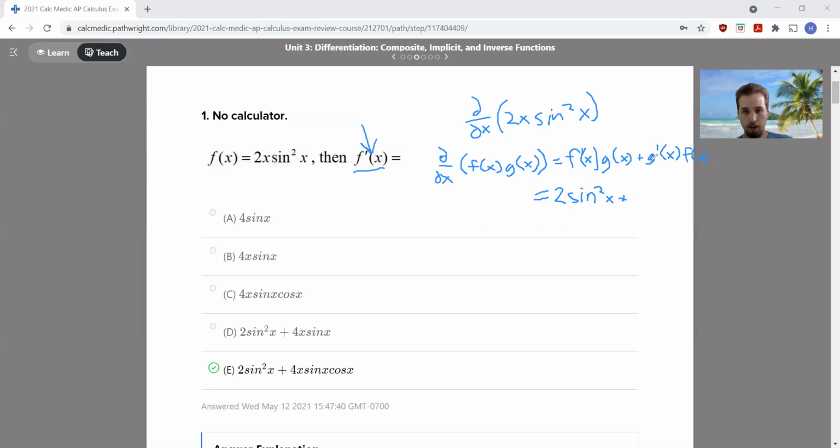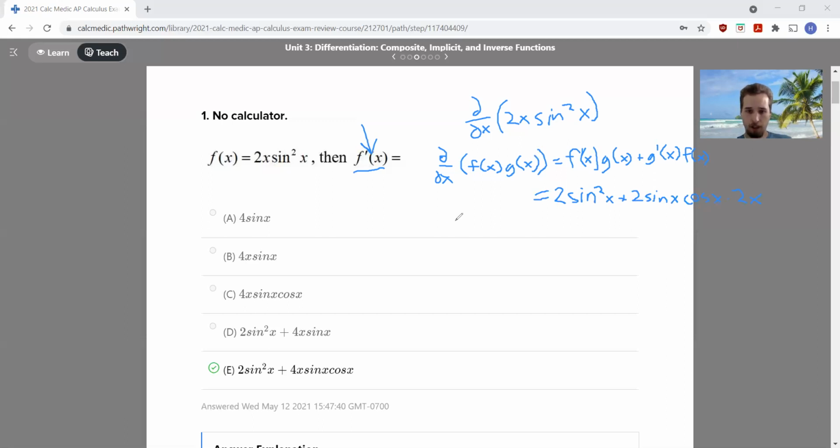If we have g prime, well, g is sine squared x. So we use chain rule. So we use power rule to bring the 2 out in front of the sine x and reduce sine squared x's power down by 1. And then we have to take the derivative of the inside of sine, and the derivative of sine is cosine. And then we have to multiply that by f of x, which is 2x over here.